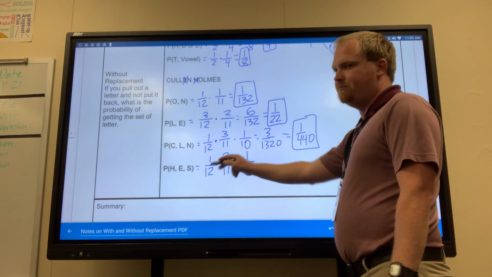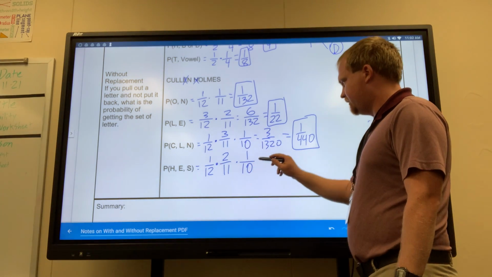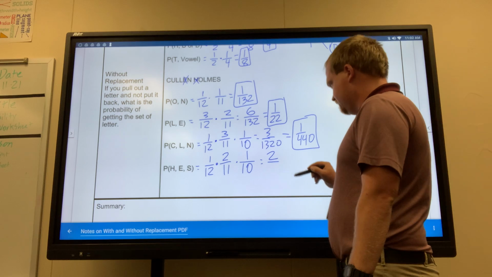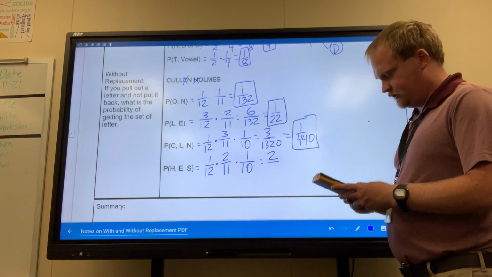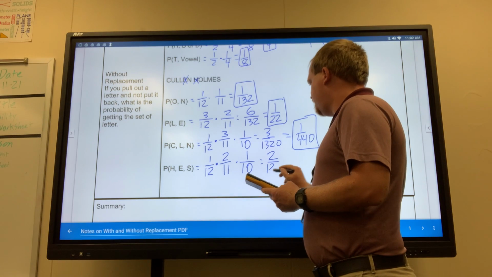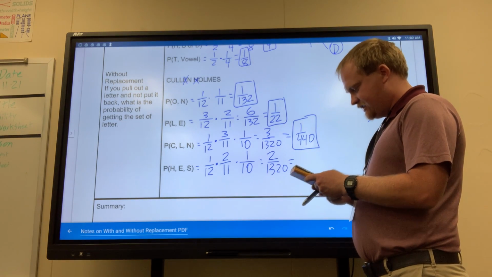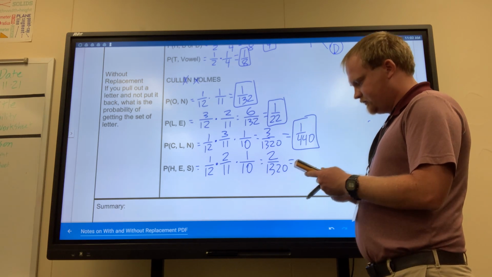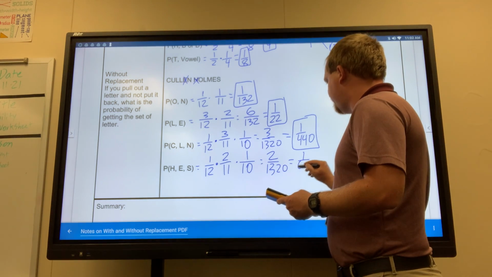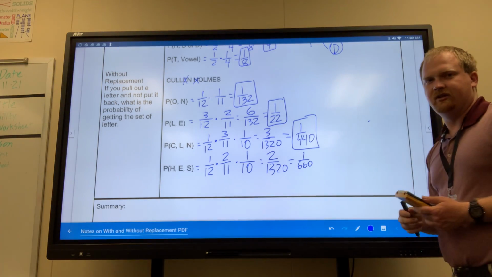Top times top, bottom times bottom. Which means 1 times 2 times 1 gives me 2. And then 12 times 11 times 10 still gives me 1320. But if I simplify that, I get 1 out of 660.